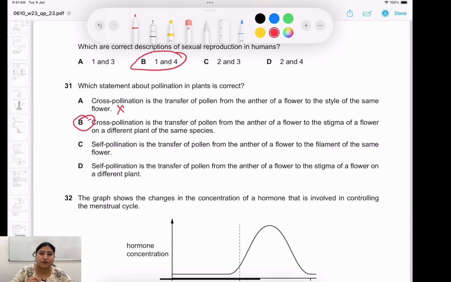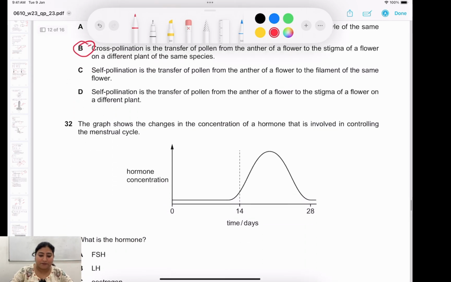This is the correct option. When the pollen grain from one particular plant gets transferred to another plant, but both of these two plants should be from the same species, this is cross pollination. When it is between the same plant, it is self pollination as the first definition. Okay, so the correct answer is going to be B.